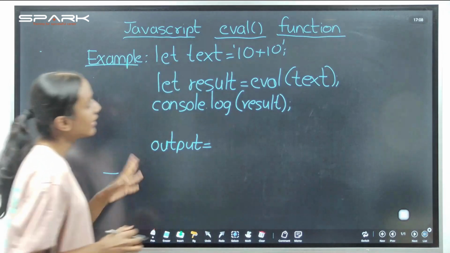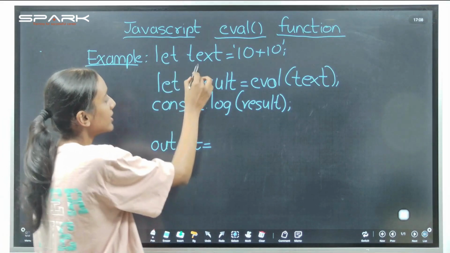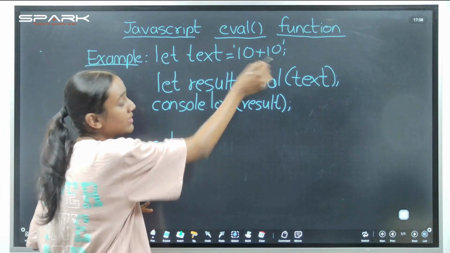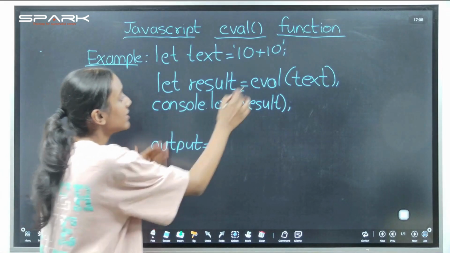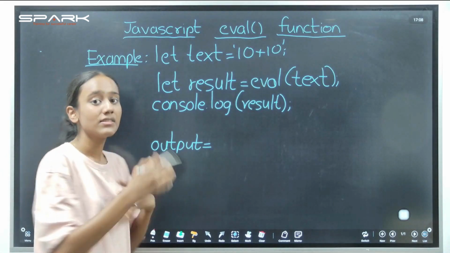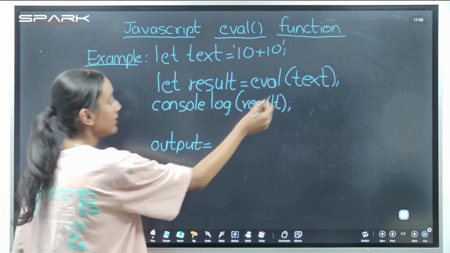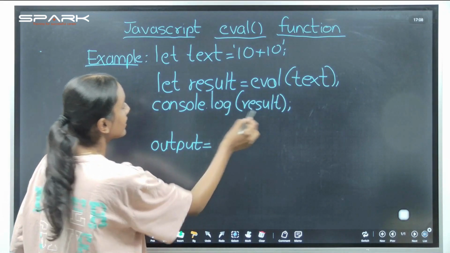Basically what we are doing over here is, I created a variable and I passed a string. Then the eval function will execute this string as JavaScript code. Then it will be output.